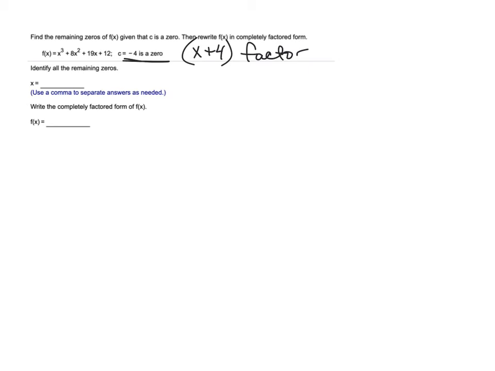We're going to use synthetic division, so we're going to divide into our main function, which would be 1, 8, 19, and 12. Okay, and I'm dividing by x plus 4. But look, if you know that negative 4 is a 0, that's what you use when you're doing synthetic division. So we'll use negative 4.